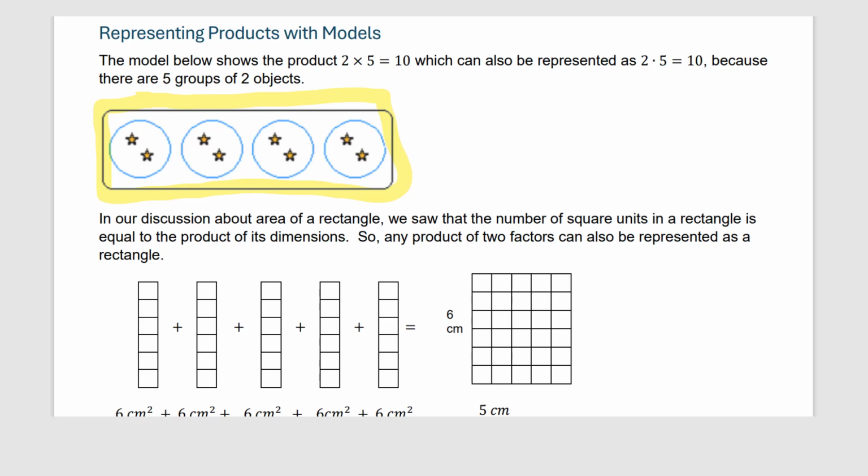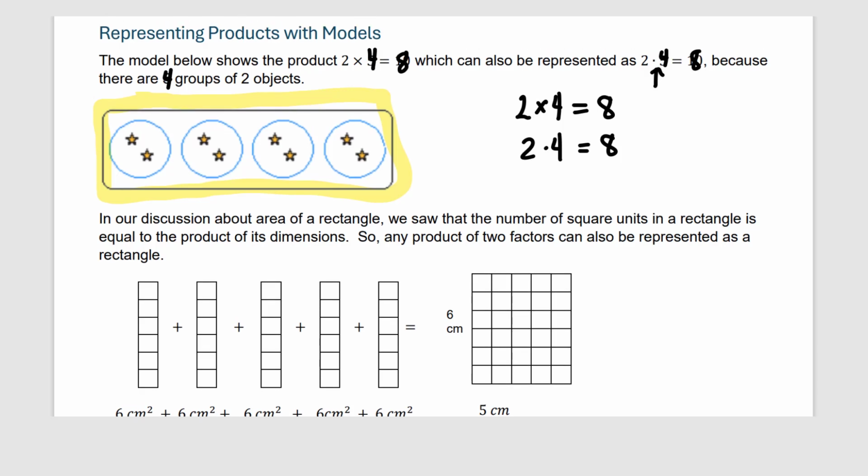Oops, sorry, this is supposed to be 4 times 2, which is 8. So we have 4 groups of 2 stars. And by the way, we can write this as 2 times 4 equals 8 with a little cross symbol, or we can use the dot. 2 times 4 equals 8. So here we have 4 groups of 2 stars representing the product 2 times 4.